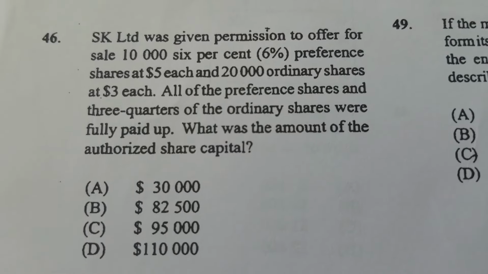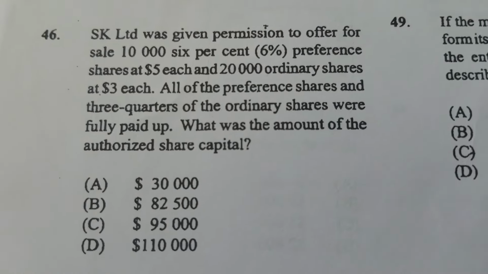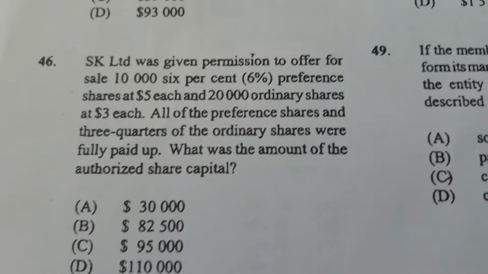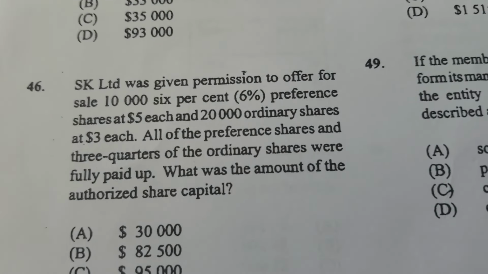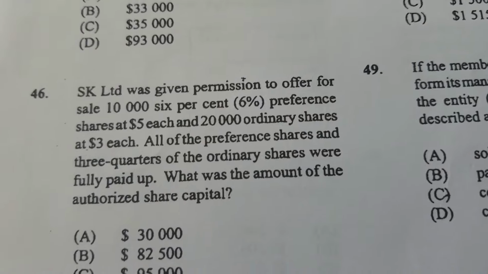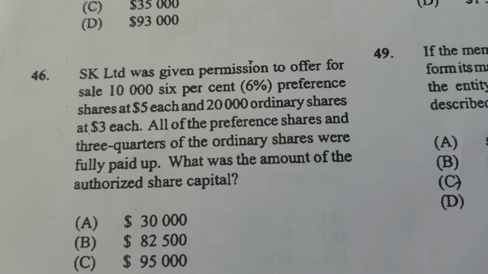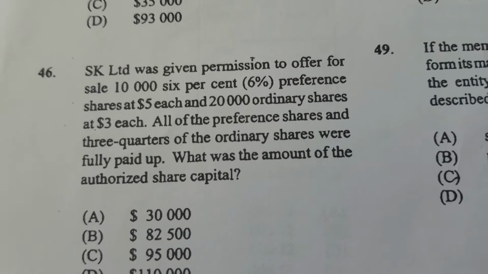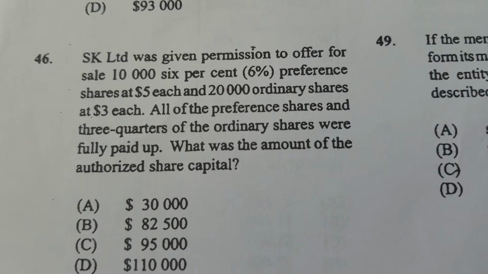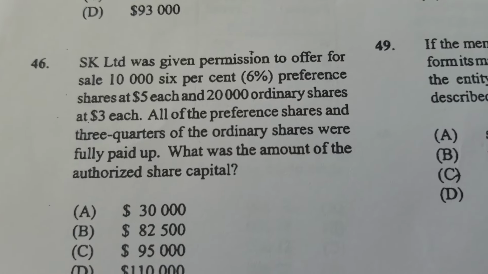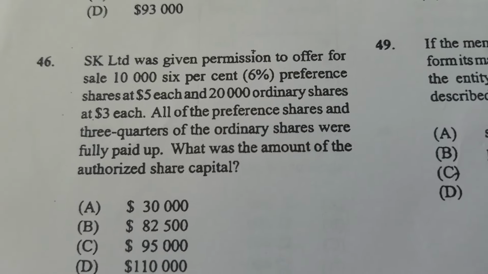What was the amount of the authorized share capital? Well, authorized share capital is the maximum amount that they have set out to use in the business, right? So it would be the 10,000 6% shares at $5 each.